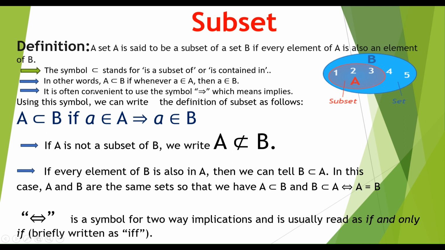In other words, we can say A is a subset of B if whenever small a belongs to set A, then small a belongs to set B. See, when we are considering small a as an element of set A, then small a should be in the set B also. Then only we call that a subset.